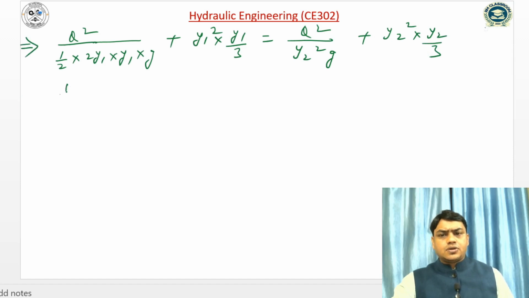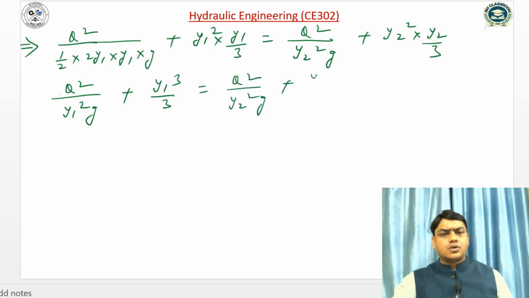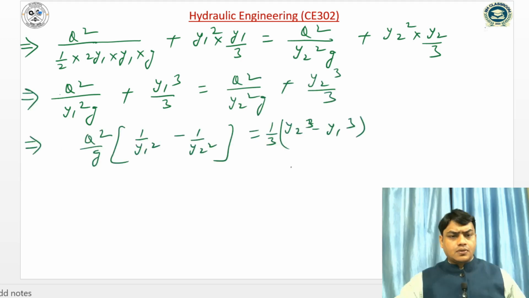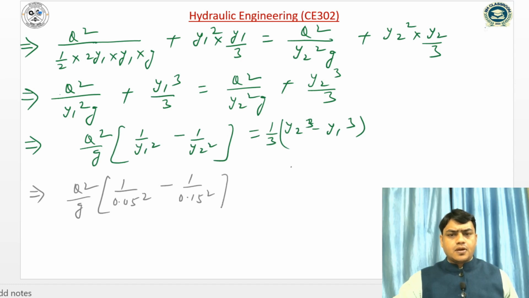So we can write Q square by y1 square g plus y1 cube by 3 is equal to Q square by y2 square g plus y2 cube by 3. If I put the values of the pre-jump depth and post-jump depth, we can compute the discharge. Q square by g into (1 divided by 0.05 whole square minus 1 divided by 0.15 whole square) is equal to 1 by 3 into (0.15 whole cube minus 0.05 whole cube).